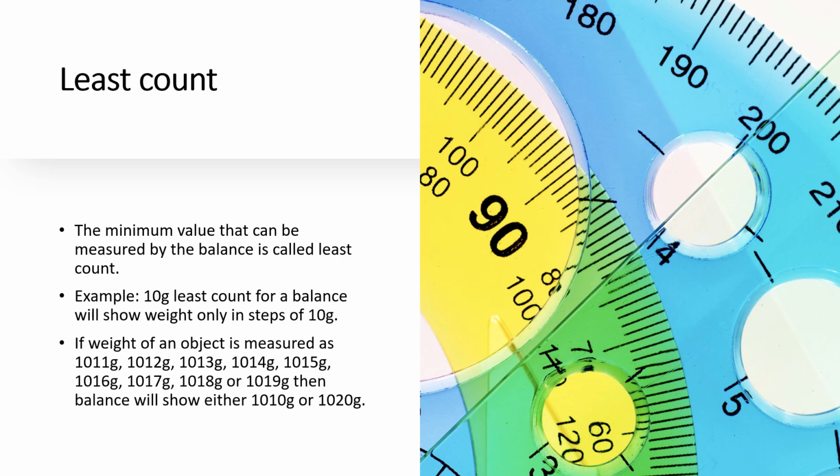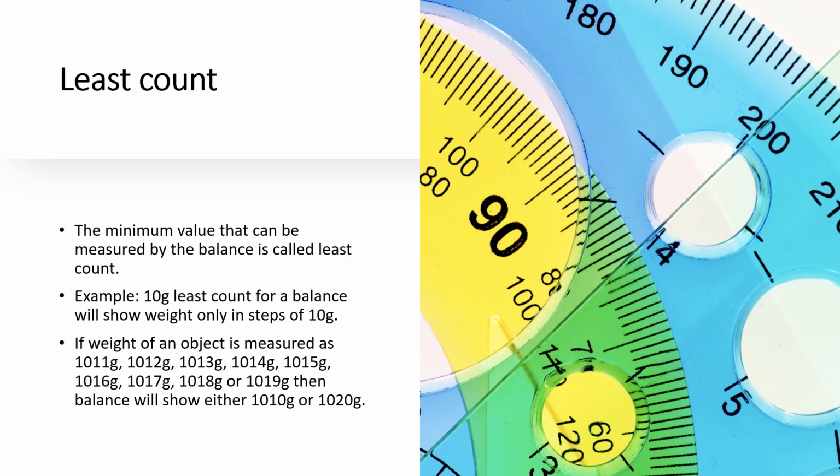So let's understand with an example: if the weight of an object is measured by the balance as 1011 gram or 1012 gram or 1013 gram or 1014 gram and so on till 1019 gram, what will happen? The balance will show either 1010 gram or 1020 gram, since the balance has 10 gram steps.